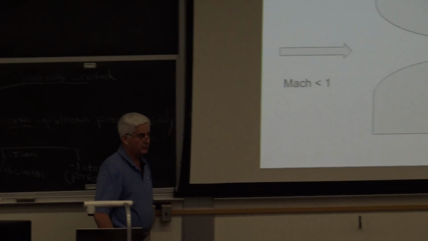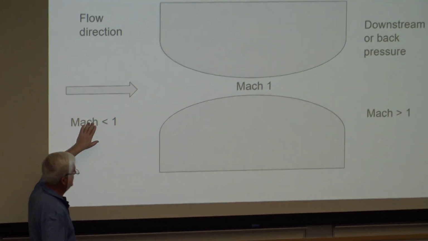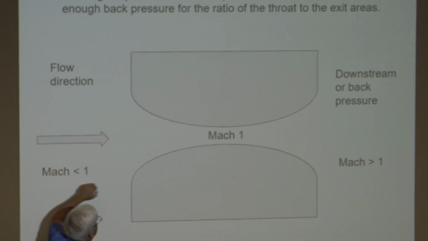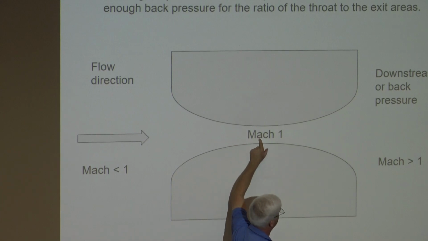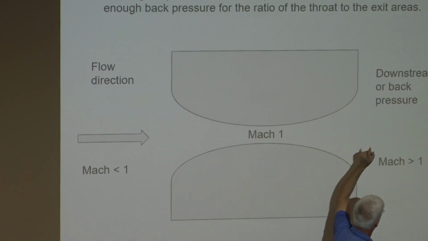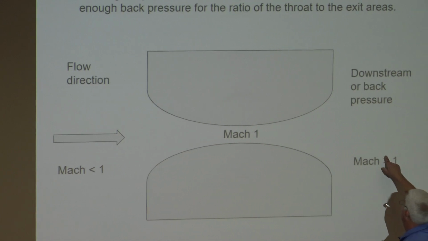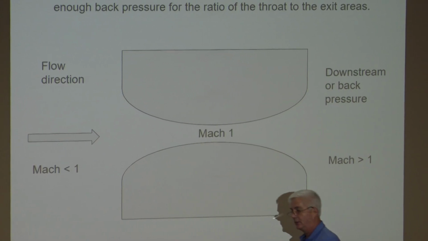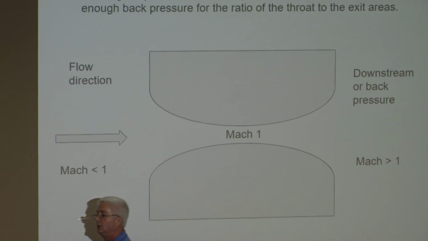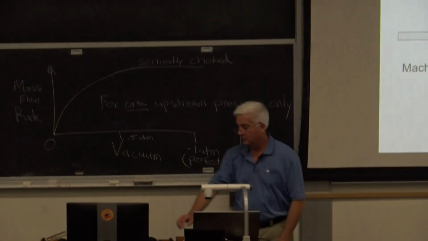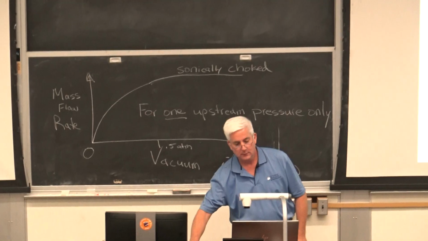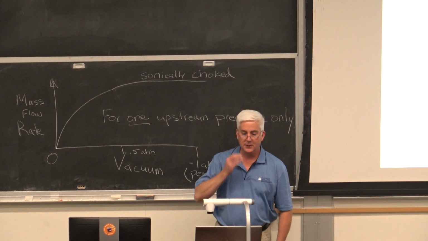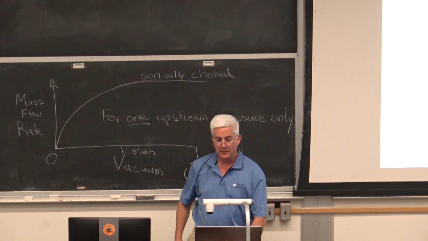So what we'll do is we'll have some flow coming in, it'll be subsonic. We'll hit Mach 1 in our throat, and if we have a low enough back pressure in the back end, we will come out supersonic. And you can actually calculate the Mach number with that equation.